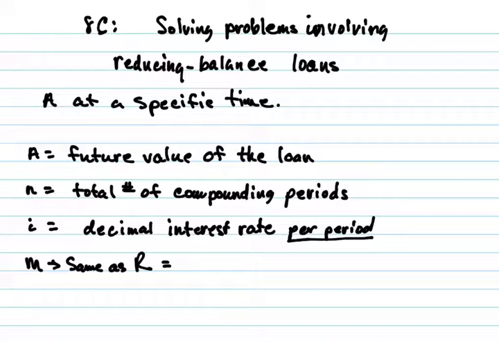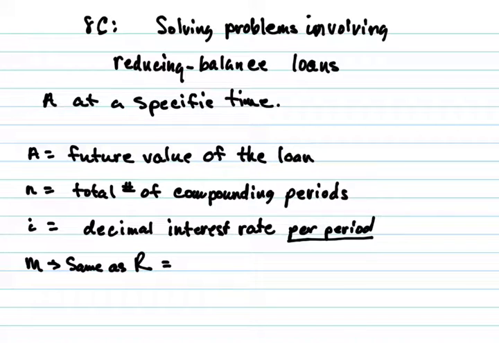Instead, you're using a formula that comes from annuities. And for annuities, they use capital M to represent how much interest and payments you've made or how much you've invested. So it's slightly different. You're going to see it as M, but again, the book is not very consistent. Every once in a while, they'll slip back to R. So you have to recognize that R and M are the same thing.